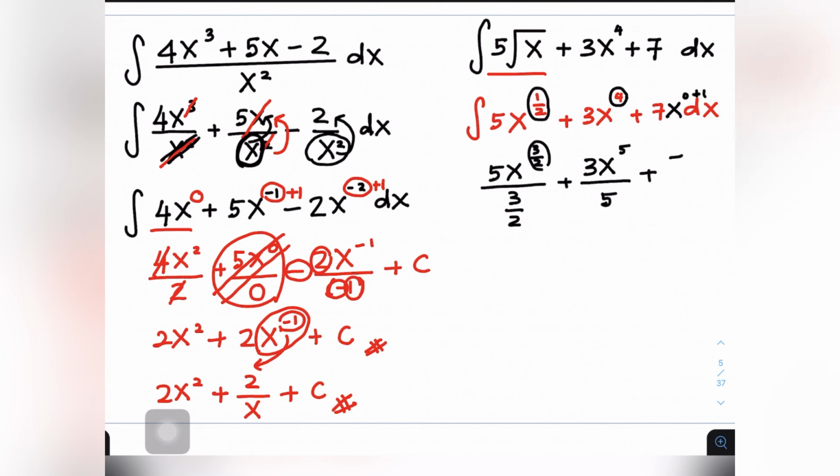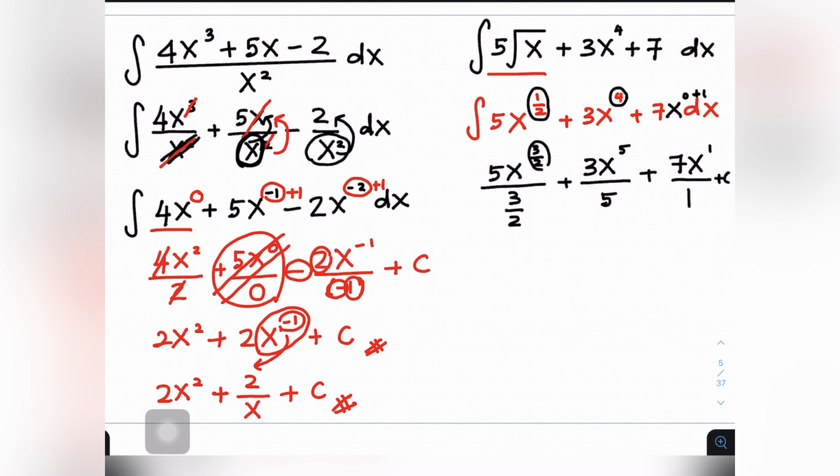So now you have 7x to the power of 1 divided by the new power 1. And don't forget that every time you are doing the process of integration, at the back you need to put plus c every time.